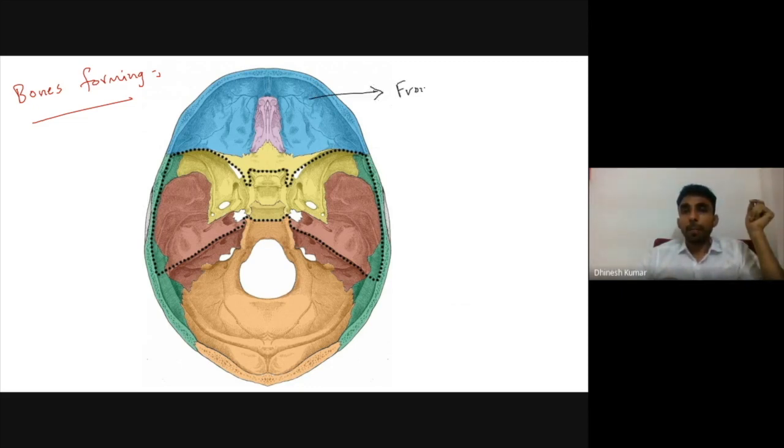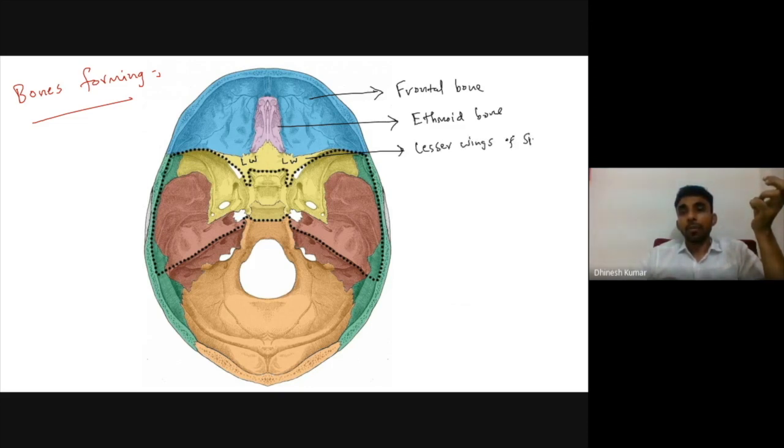Yes, this is the frontal bone, and this is the ethmoid bone. Fine. Frontal bone, then ethmoid bone. And as we have studied just now, these are the lesser wings of sphenoid bone. So all these three bones are forming the anterior cranial fossa, right?